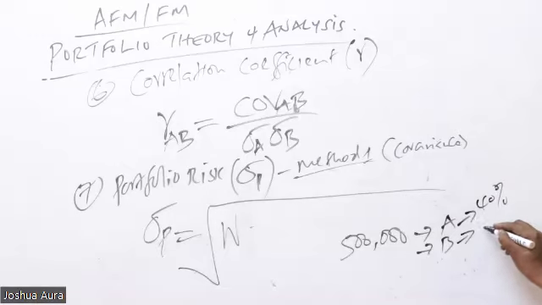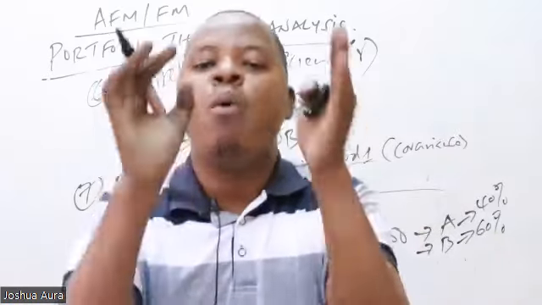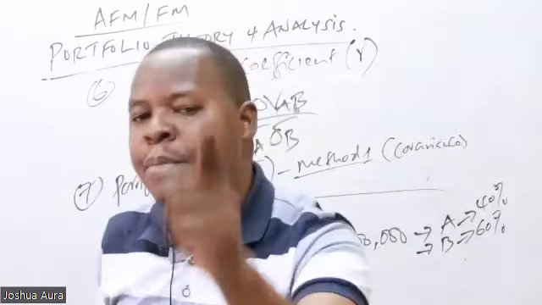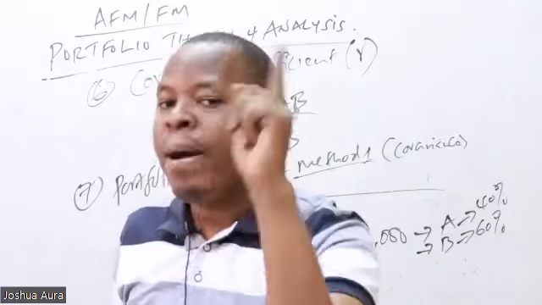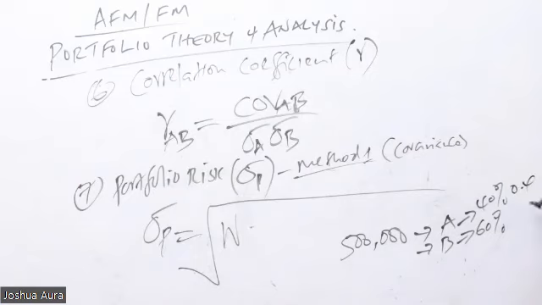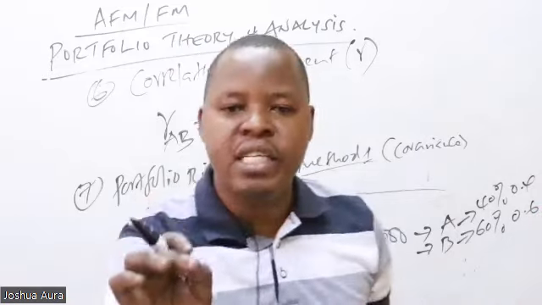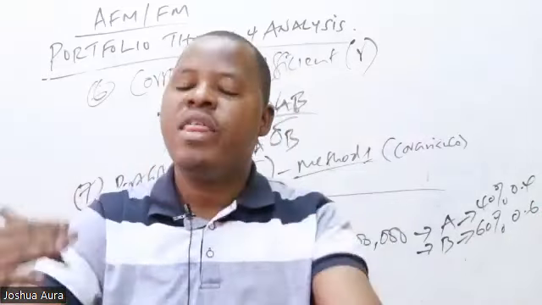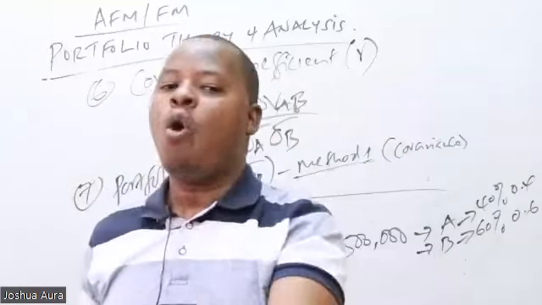Here, you want to invest 60%. Because the weights must add to 100% or 1. That's why this one is 0.4 and this one is 0.6. 0.4 for 40% and 0.6 for 60%. When you add the two, they should add to 100% or 1.